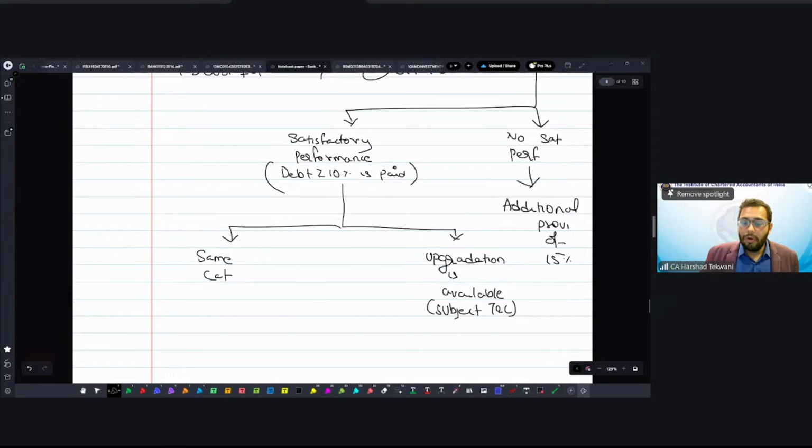It's not only about the payment. If there are any qualitative aspects, for example, the rating is still not an investment grade rating on that particular asset, one of the worst ratings still there.